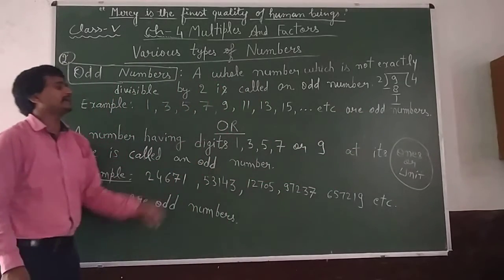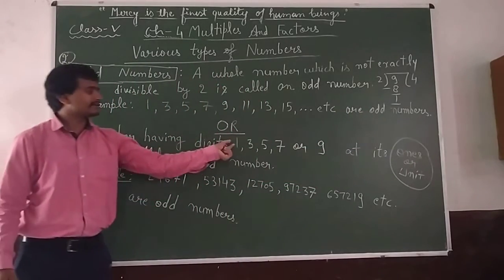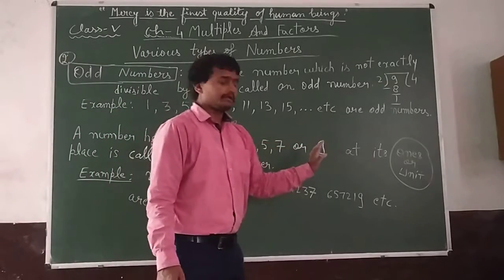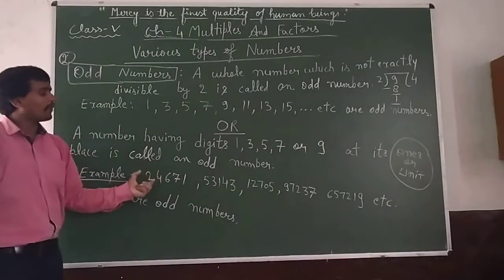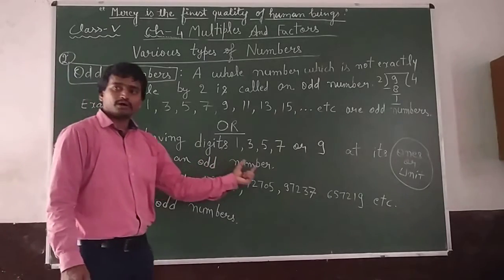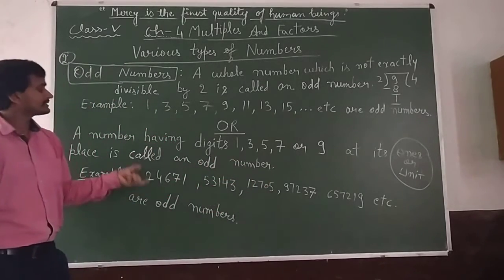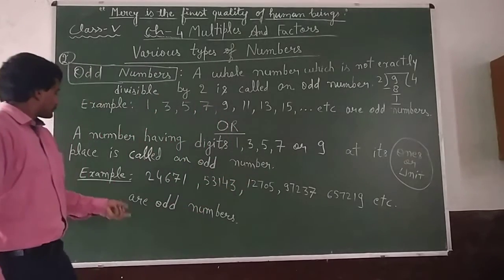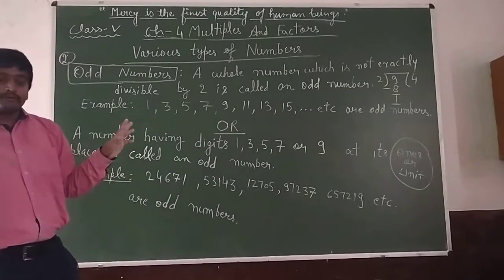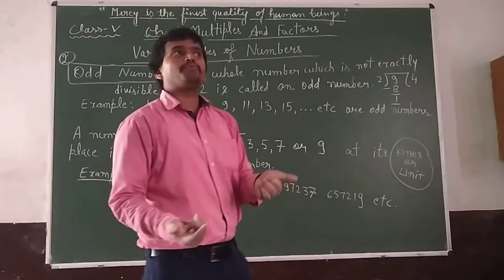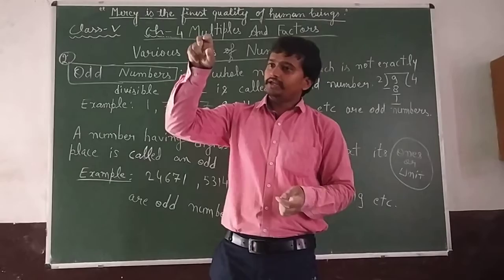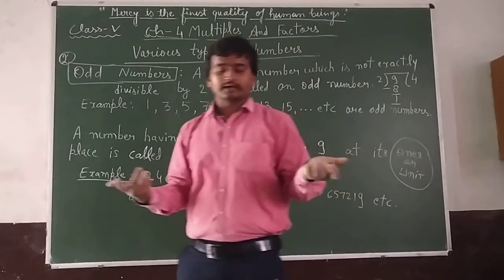If the unit place or ones place digit is 1, 3, 5, 7 or 9, then the number so formed will be an odd number, because that will not be completely divisible by 2. So by this we can identify whether larger numbers are even numbers or odd numbers.